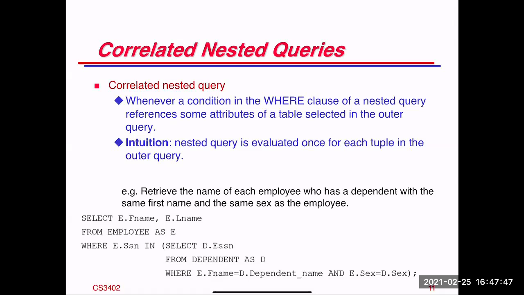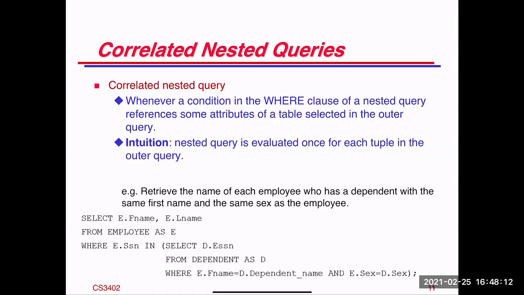So we can think of this as saying that for each tuple in our employee table, for each tuple in E, we're going to evaluate this inner query here. Okay, so we're going to select from the dependent table, which we're going to use the alias D.